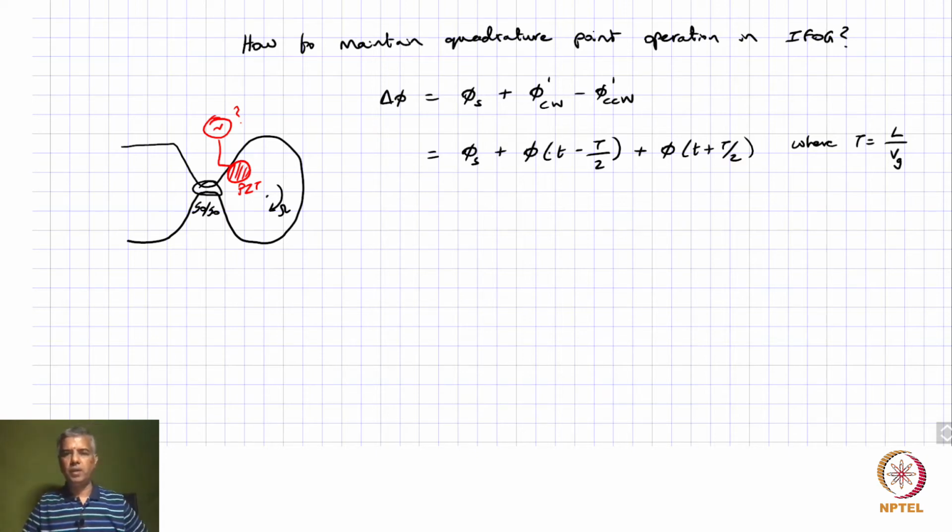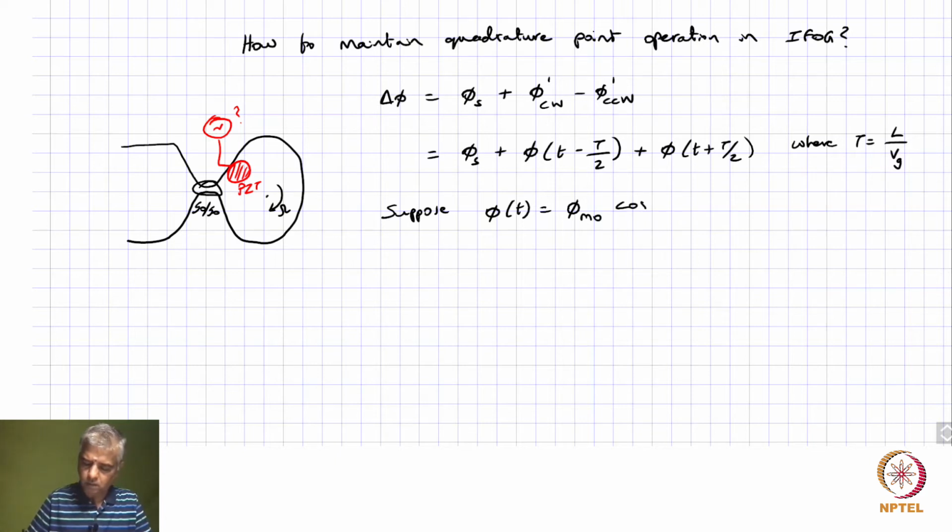Okay. So, suppose you take phi of t equal to phi m naught cos of 2 pi fm t, right. If phi of t is that function, then you replace t by t minus t by 2 for this term, and t plus t by 2 for this term.